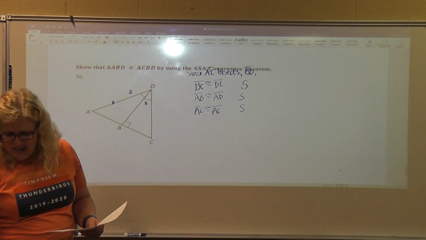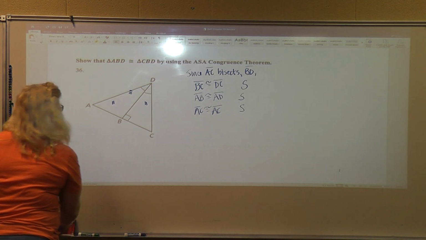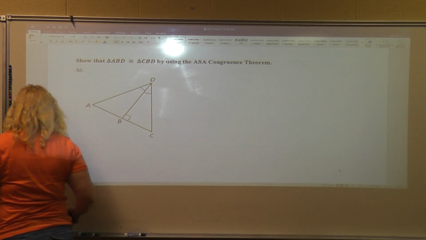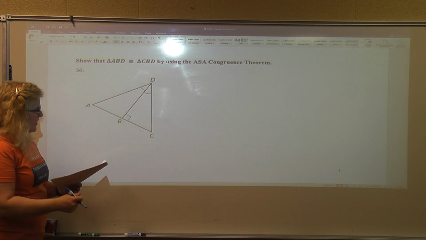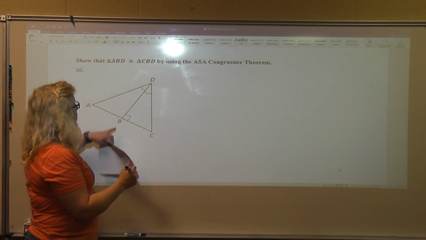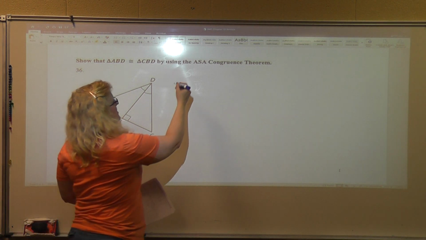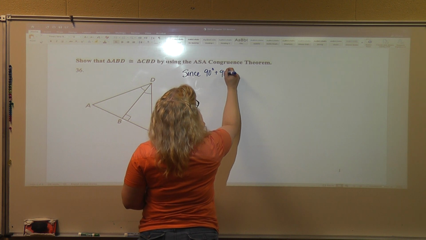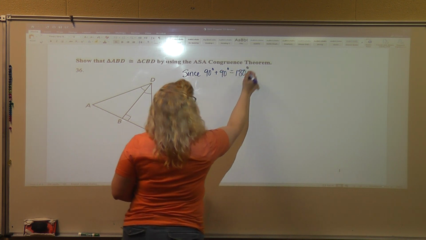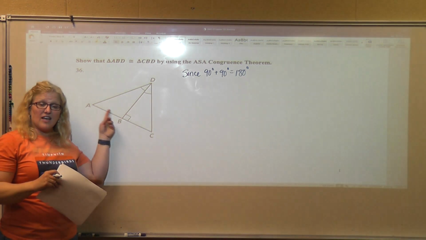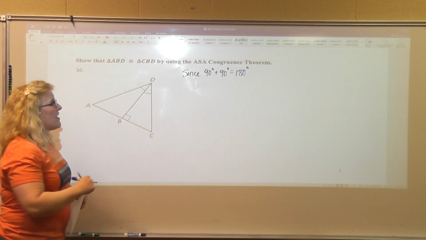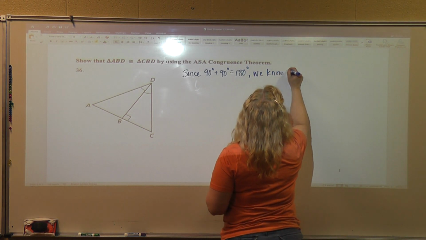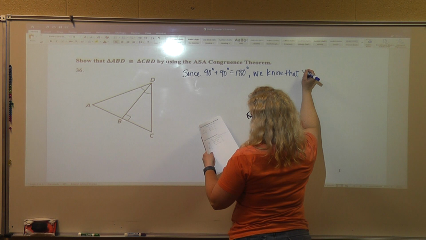All right, and then lastly, number 36, we're going to show that these two are congruent. And we know that since 90 degrees plus 90 degrees equals 180 degrees, and 180 degrees is the angle of a straight line, then we know that, how did I put that?